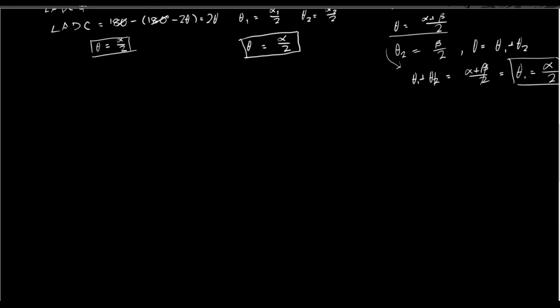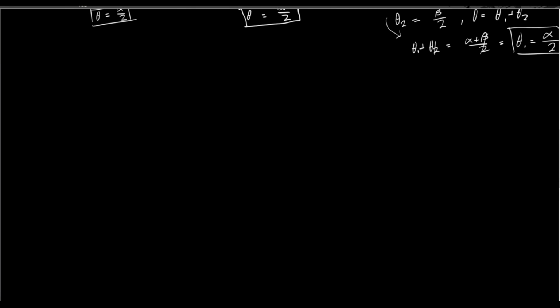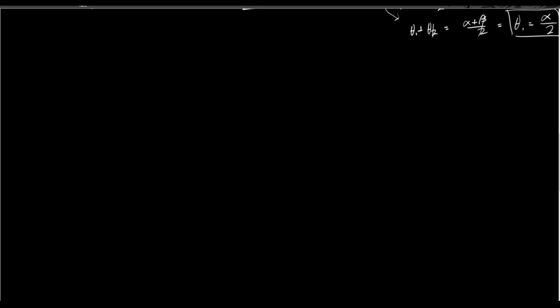So before we finish off for this lesson today, I just want to do a few practice problems to help test your understanding. So let's draw a circle. Center here.